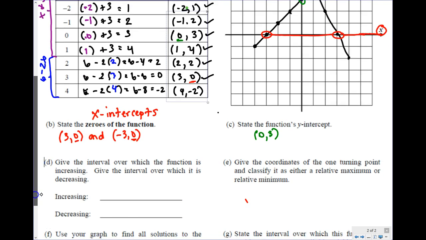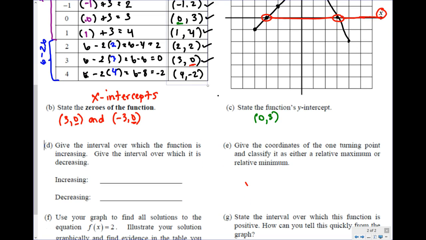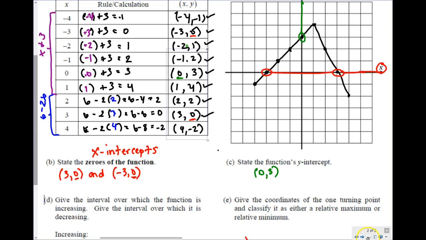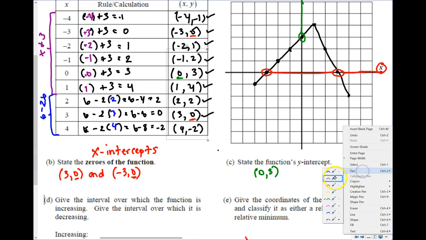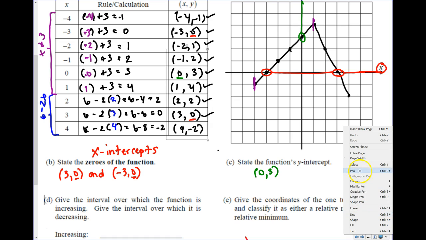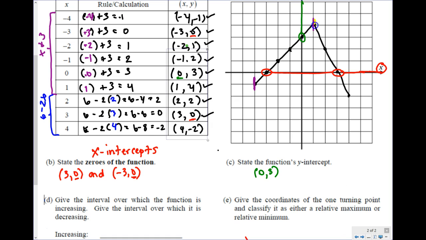Letter D. Give an interval over which the function is increasing and give an interval over which the function is decreasing. Technically, in this graph, there's only two intervals where there's increasing and decreasing. There's this one where it starts here and ends here, and then a second one where it starts here and ends down here.